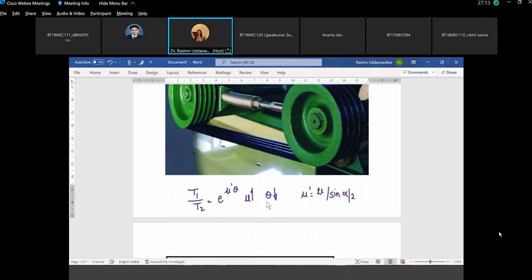Or in other words, for the same angle of contact, this T1 by T2 ratio would be higher for a V belt as compared to a flat belt because now mu dash is greater. So for the same angle theta, T1 by T2 for a V belt will be greater than T1 by T2 for a flat belt because this mu dash value is greater than mu.